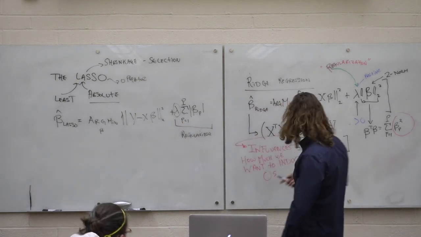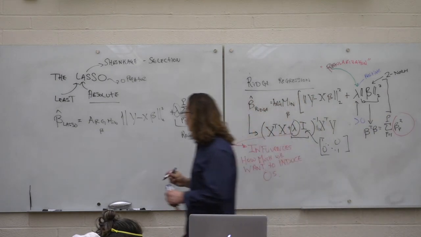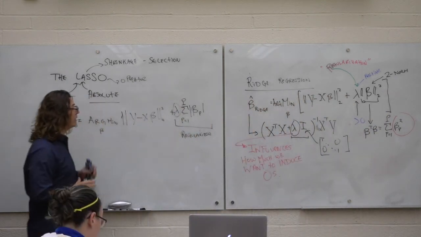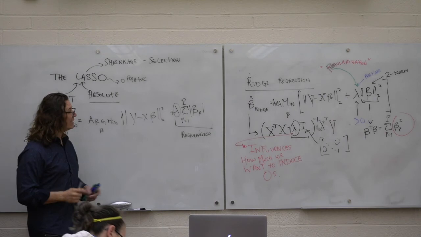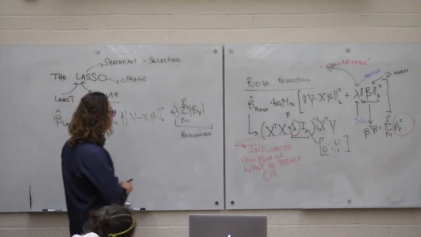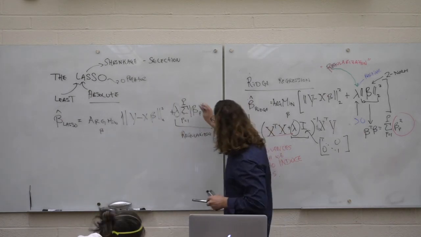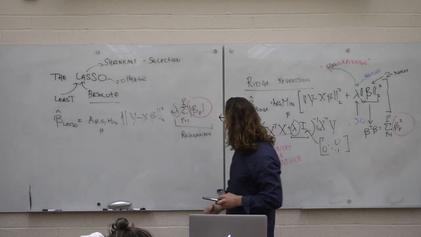Now this solution is entirely different from the ridge solution. One of the main differences in deriving it is that you cannot do calculus on this problem. Why? Because of this absolute value sign, which has little sharp corners all over it.